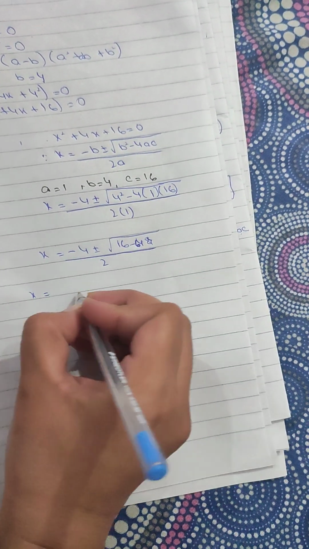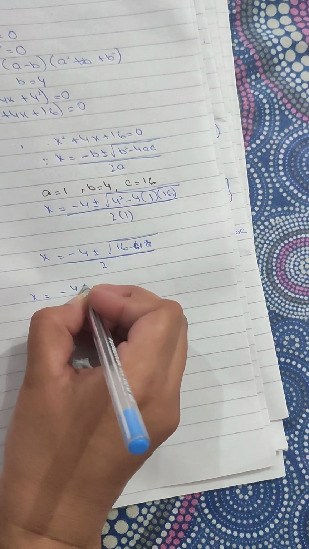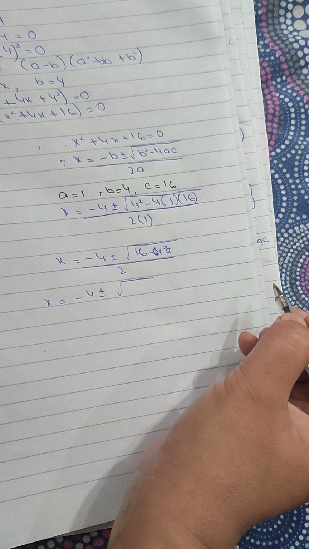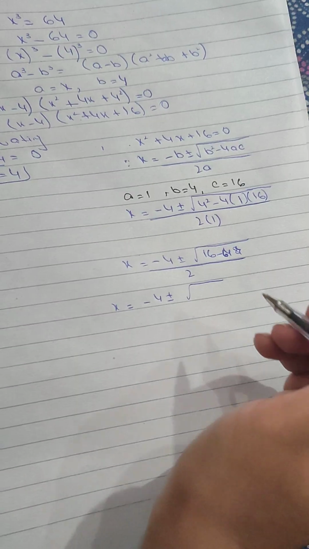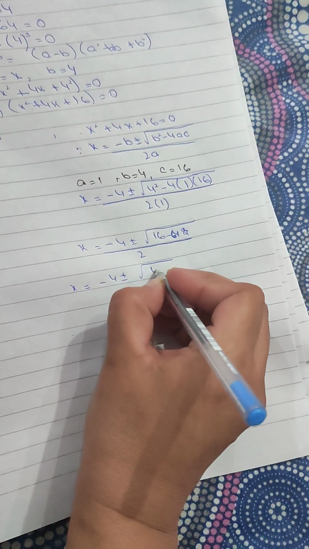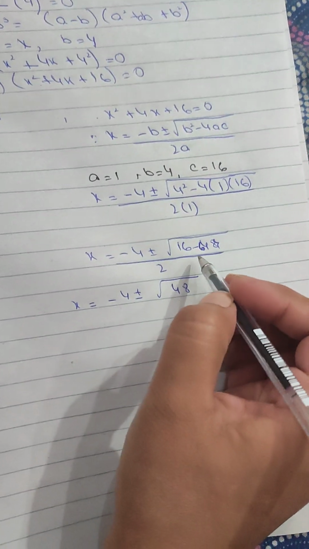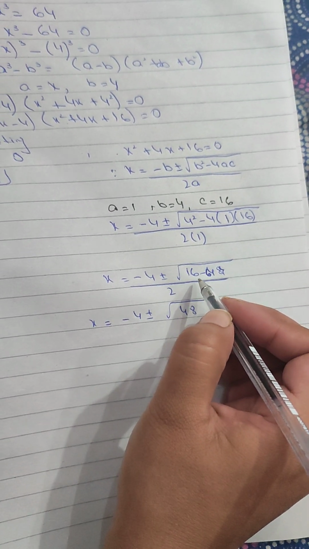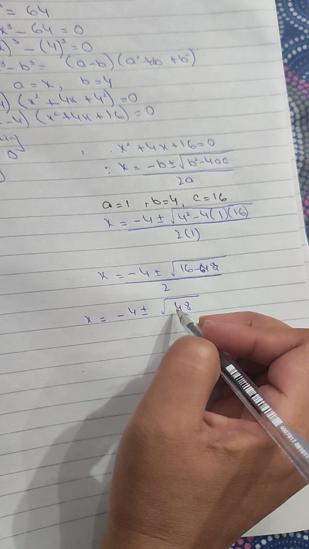Again, by simplifying it, you can see 16 and 64 are both being subtracted, so we will subtract them. When we subtract 16 and 64, it will be 48, and the minus sign will be written with the answer because 64 is bigger and the minus sign is written with 64, so it will be minus 48.